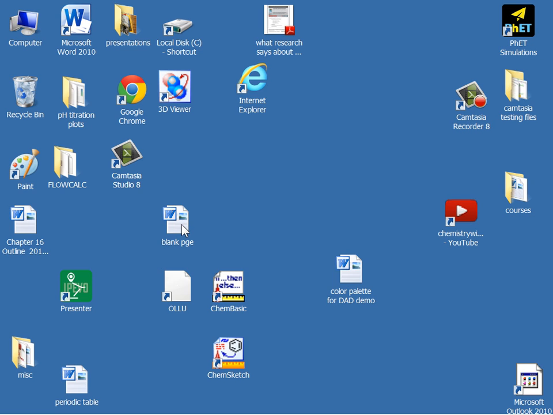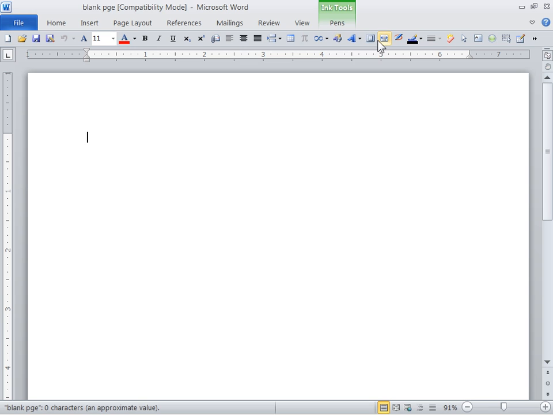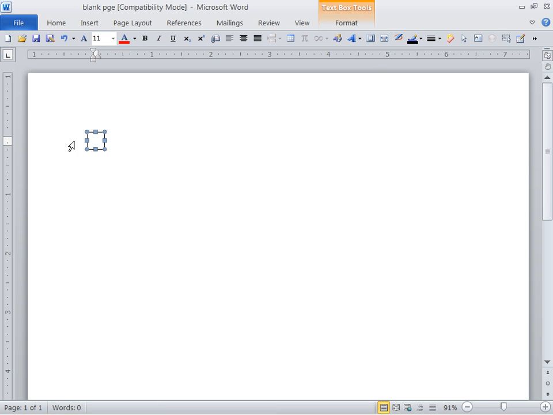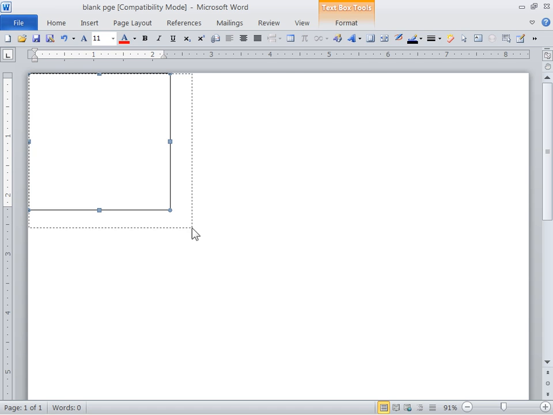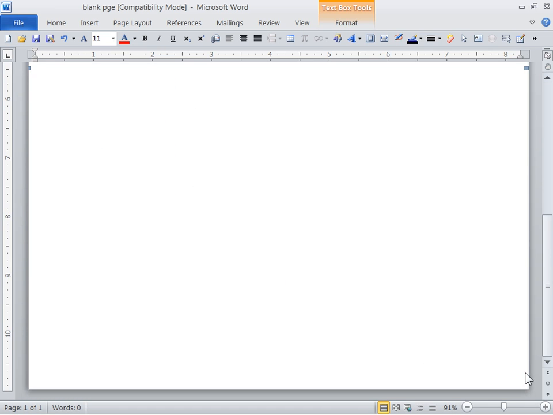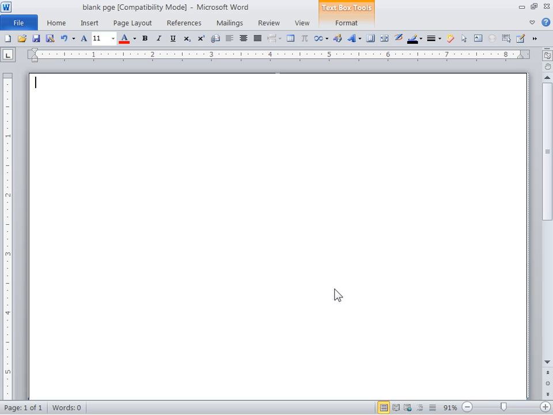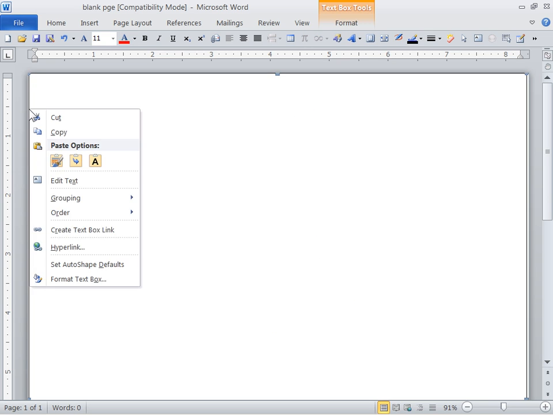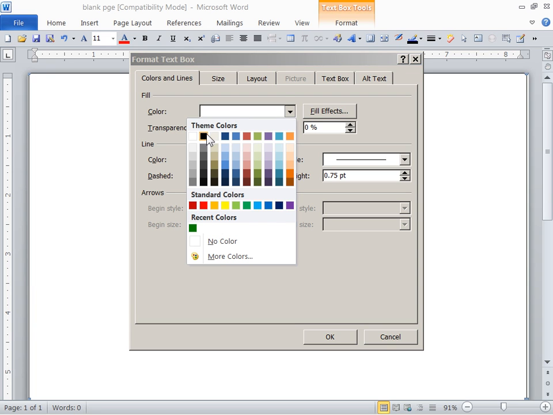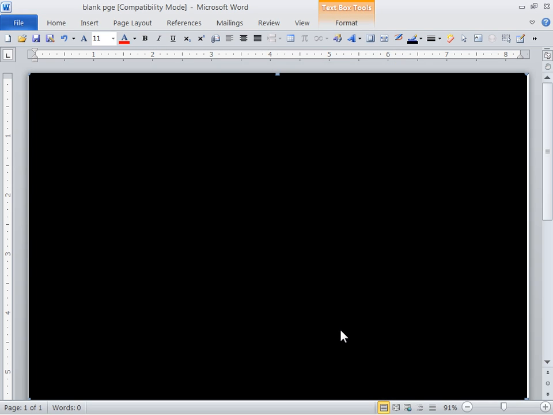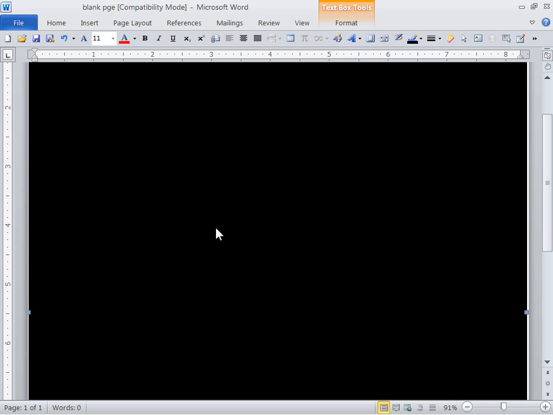I guess I could try to make one, right? Fill black. Now I made the room a little bit darker. Okay.